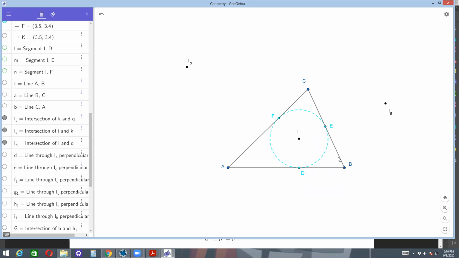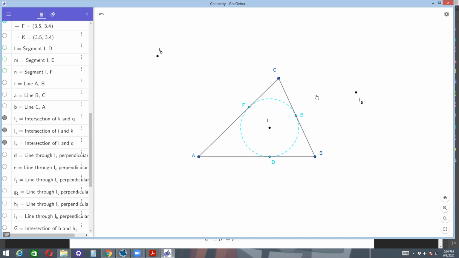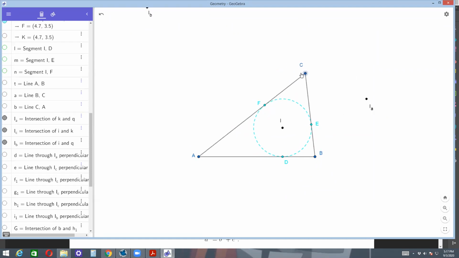I am not sure. There might be, but I don't know of any. If you want, you could try to derive some kind of relationship. So you connect I with IA, IB, and IC. You could find that length in terms of a, b, and c. Okay, no problem.